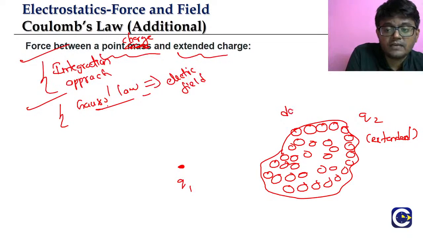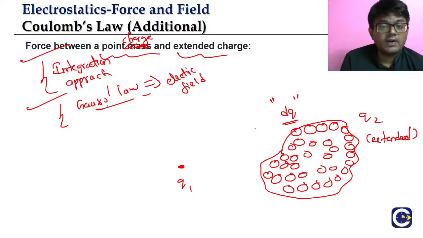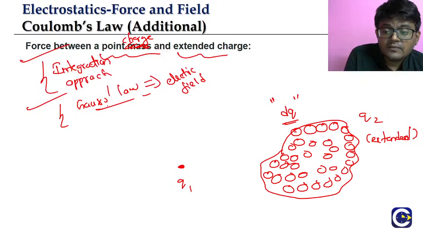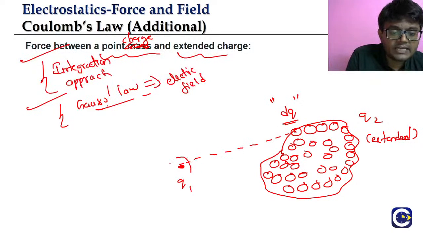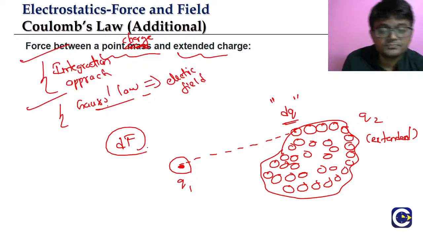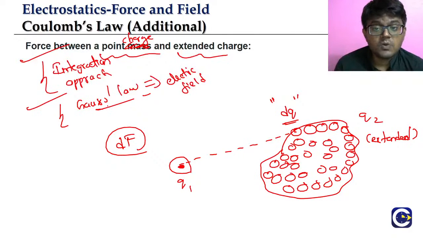Each small part we assume to have a very small charge dq. Because of one small part dq, we will find the force acting on q1. We will call it df. We find the force acting on q1 because of a small part of the charge q2, that is df.